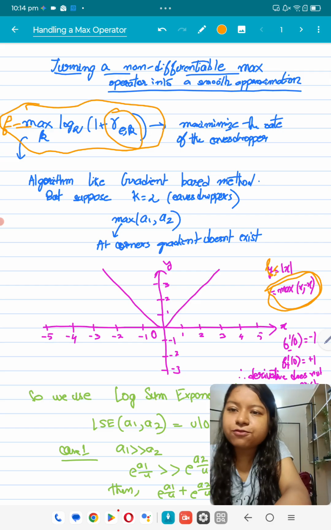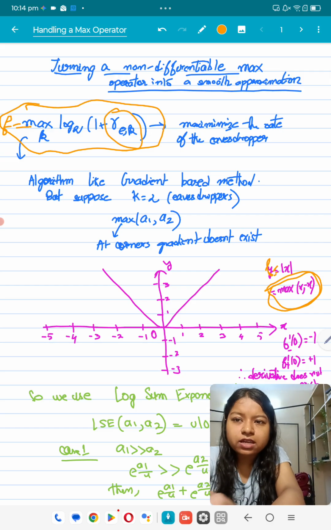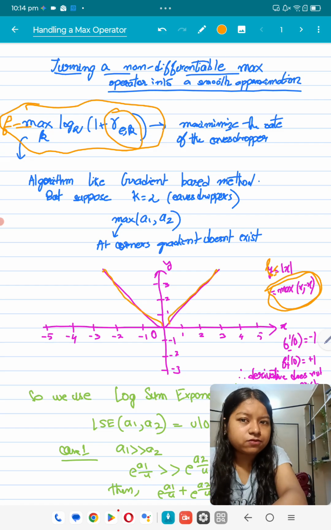Now graphically, the mod x function is represented in this way: on the right hand side of 0, in the positive side, there is a positive slope, and on the left hand side there is a negative slope. This is the max operator for the mod x function.